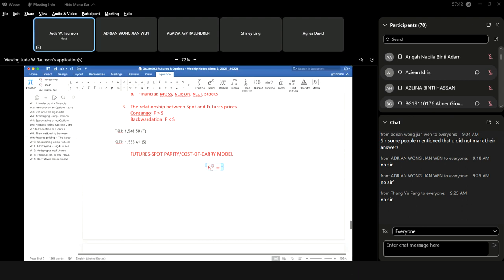F star at time t is equal to spot at time t times (1 plus (r minus d)) to the power of (T minus t).